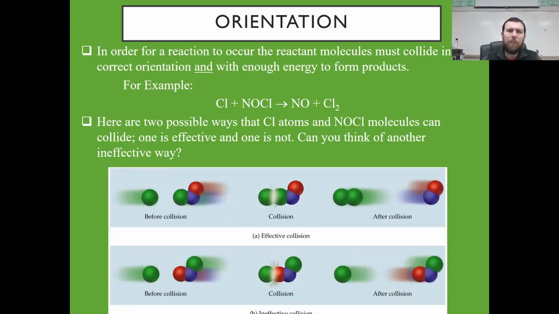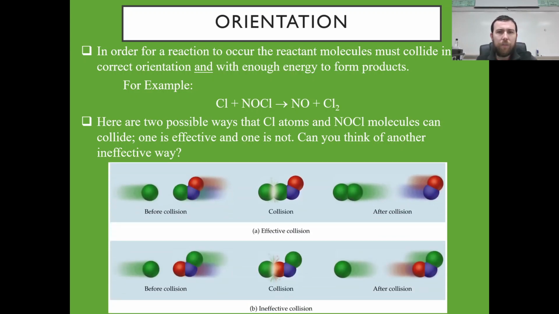So here you go. We've got our effective and our ineffective collision, right? Our effective collision is the one on the top. The green spheres represent chlorine, blue spheres represent nitrogen, and the red sphere represents oxygen. In our effective collision, notice that the chlorine atom is about to hit the nitrogen.